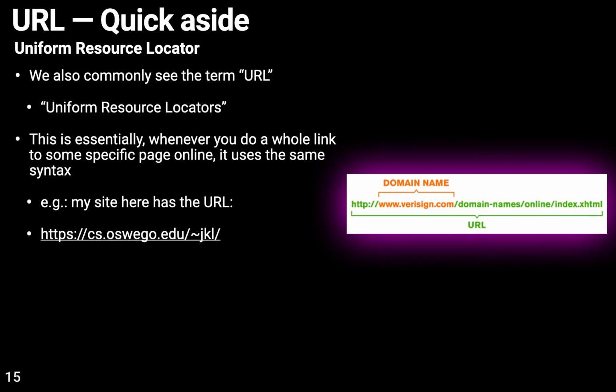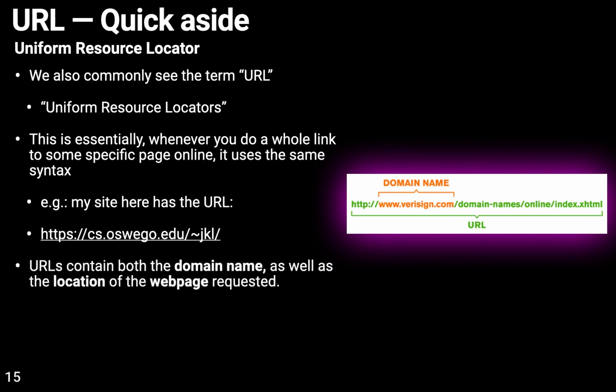CS is our little subdomain in the computer science department. And then from there, on the left-hand side, we have the protocol, which we'll talk about later. And on the right-hand side, we have my specific set of folders, my specific set of files that are on that CS Oswego server. So URLs are going to contain both the domain name as well as the location of the specific web page requested.